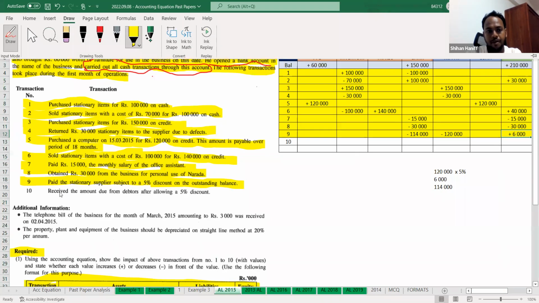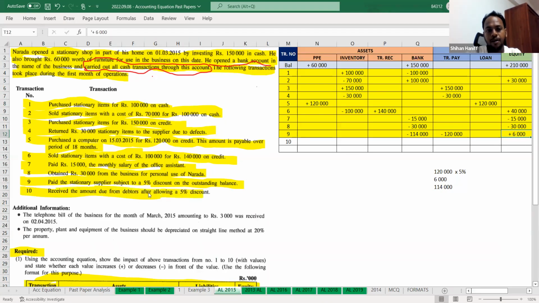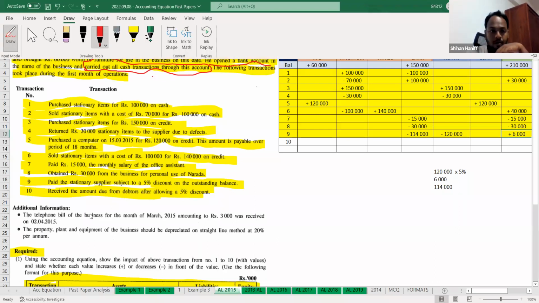Number 10. Receive the amount due from the debtors, allowing a 5% discount. Okay, there is a doubt. Can you explain the 9th one again? Paid the stationery supplier.